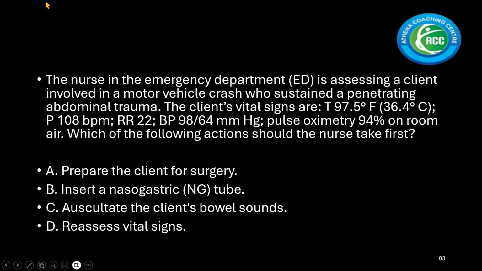What is the normal pulse? 60 to 100 is the normal pulse, and the respiratory rate of 22 is also slightly high. 12 to 16 is the normal respiratory rate. And BP is slightly low. And the saturation, 94 on room air, is okay, but when it is 100 that would be really good; it is slightly lower.